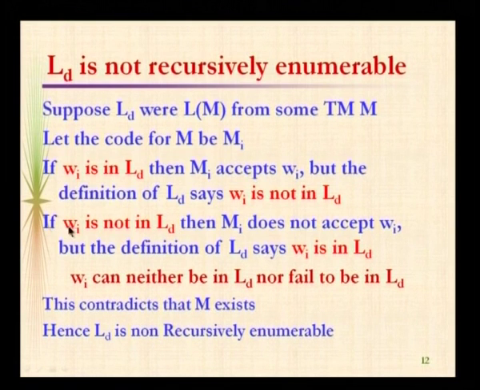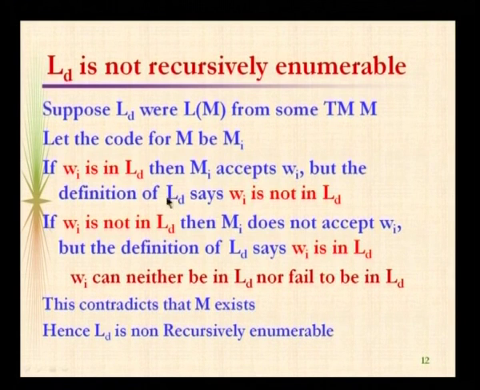If Wi is not in LD, then Mi does not accept Wi. That is the meaning of this. If Wi is not in LD, then the assumed Turing machine Mi should not accept Wi. But by the definition of LD, we know that if Mi does not accept Wi, then Wi is in LD.